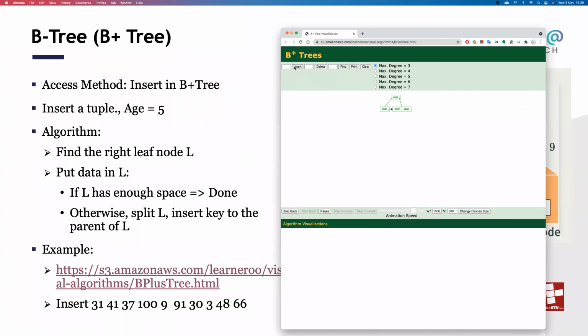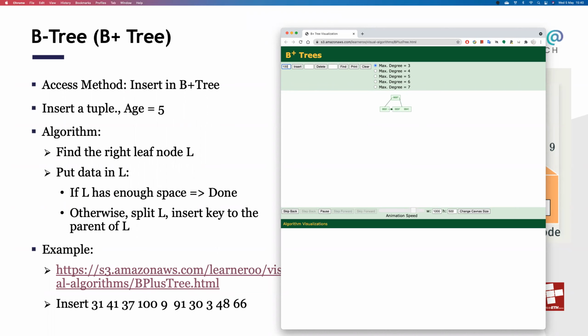As you can see, on the leaf nodes I have 31, 37, 41, the thing that I inserted. I split them into 2 different nodes, and then I insert one additional key, 37, into the parent.